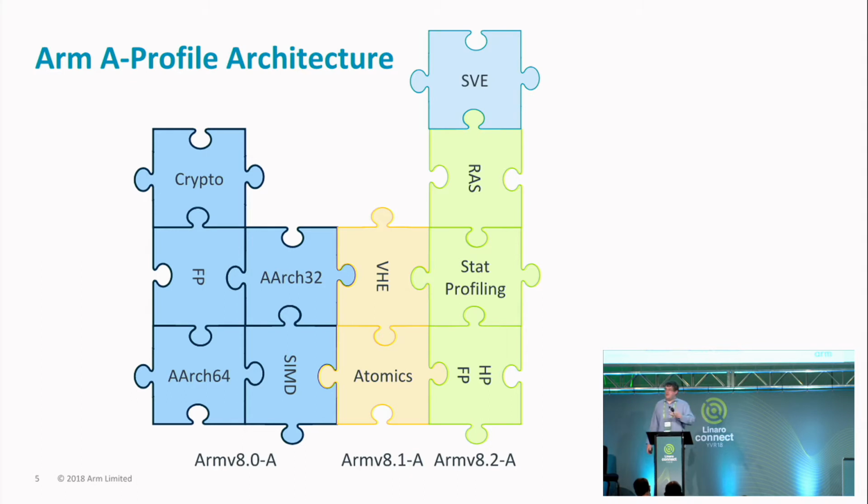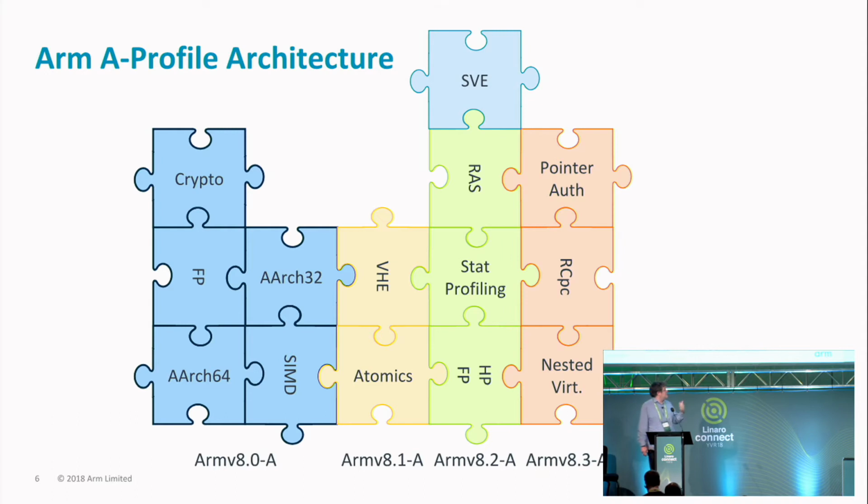8.2 adds RAS, reliability, availability, serviceability, statistical profiling, which is a debug feature, half precision floating point. We then came up, and we've already heard mention today of SVE from Fujitsu's A64FX, I believe the core name that George showed. SVE, scalable vector extension, and then 8.3 pointer authentication, which I'll actually come back to in a bit.